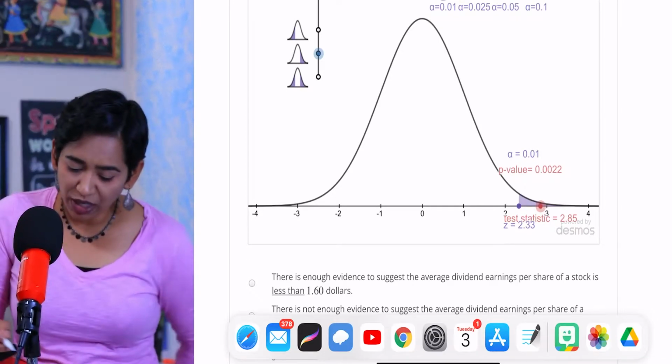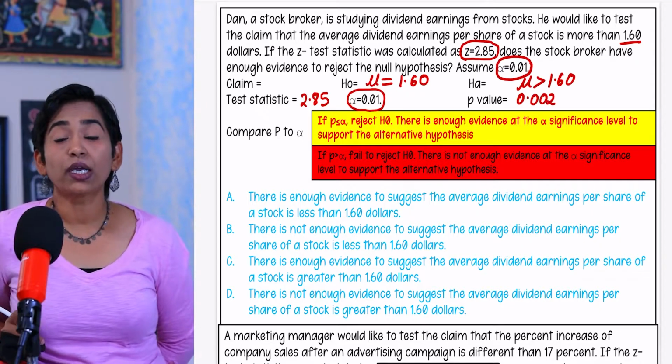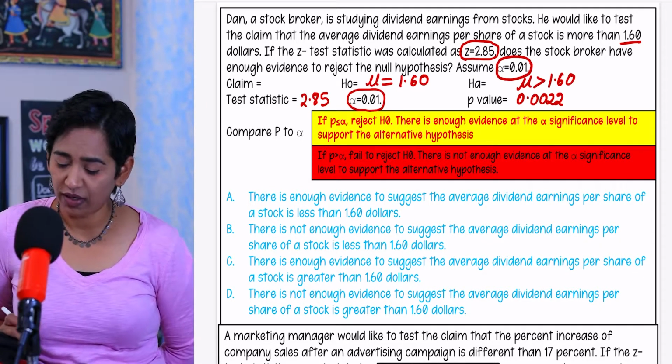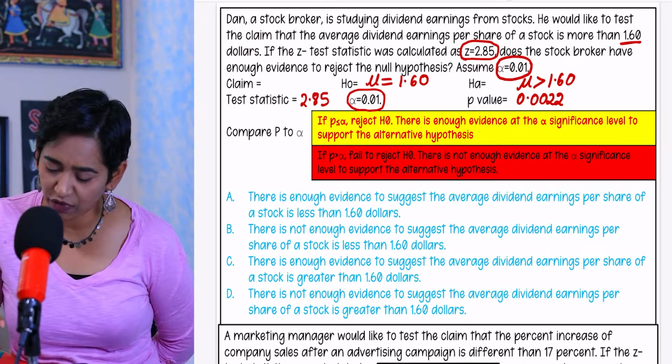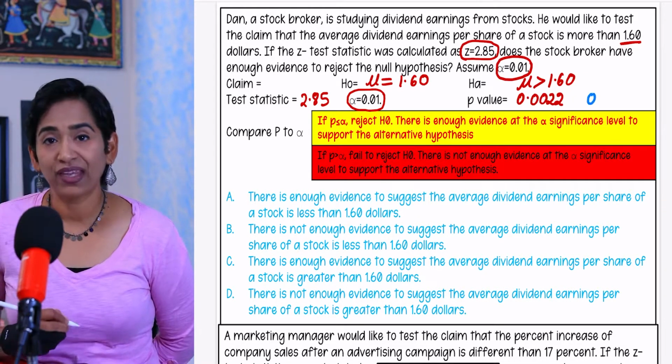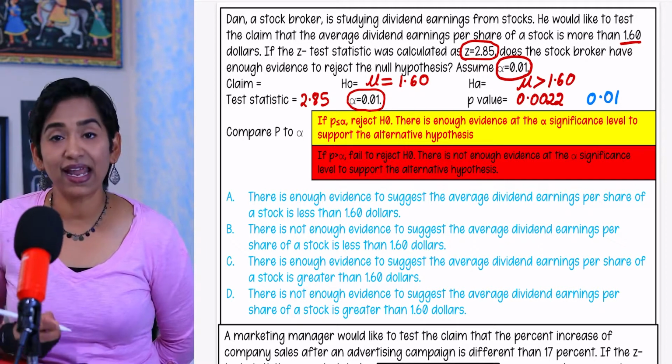All right. So my p-value is 0.0022. What do I do? I compare my p to alpha. So what is my alpha? My alpha is 0.01. And I see that my p-value is less than alpha.